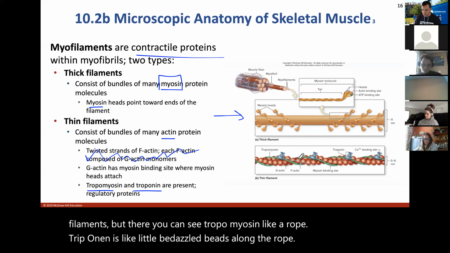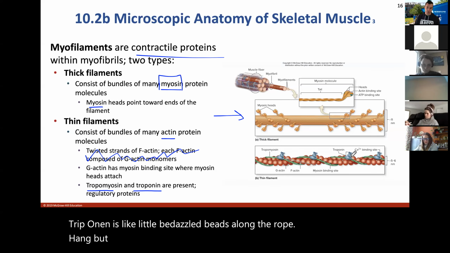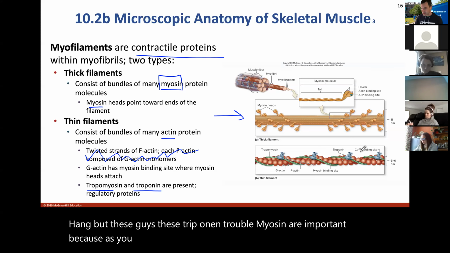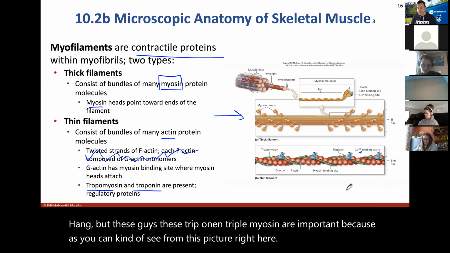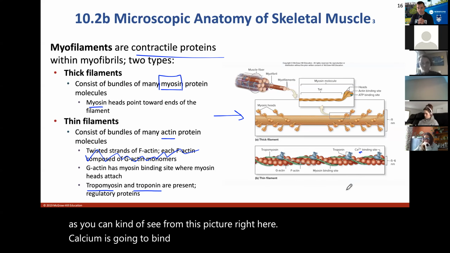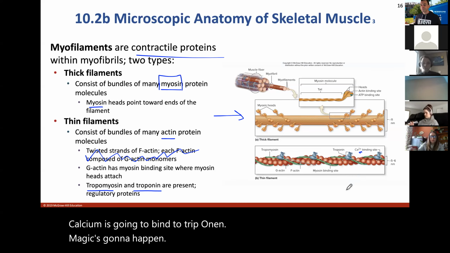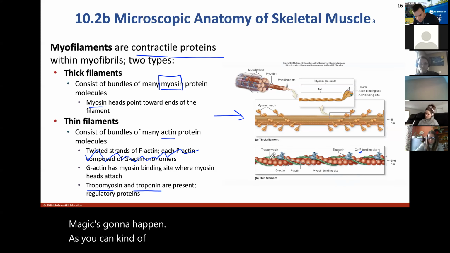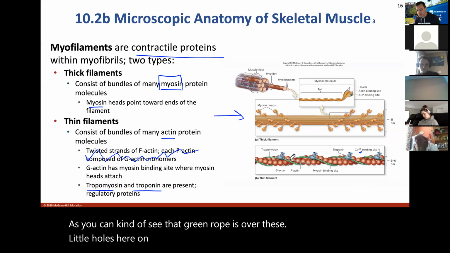But these guys, troponin and tropomyosin, are important because, as you can see from this picture right here, calcium is going to bind to troponin. Magic's going to happen. As you can see, that green rope is over these little holes here on those G-actin molecules.